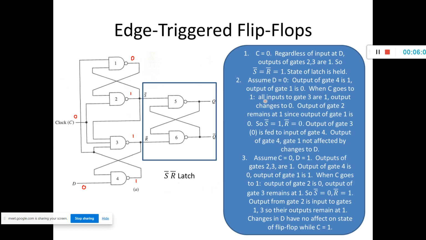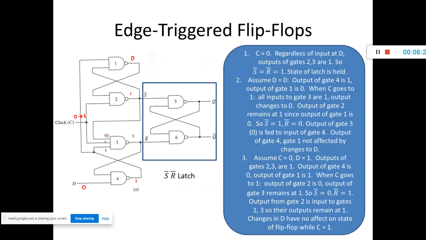Next, when C goes to 1, suppose this transitions from 0 to 1, this one will come here, right? So this S bar is also connected here.